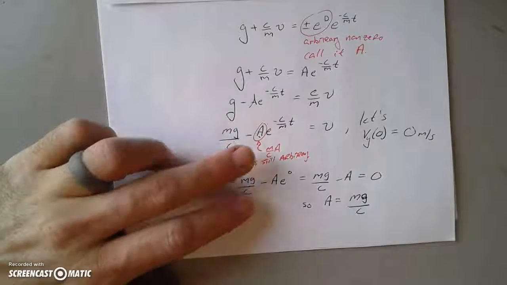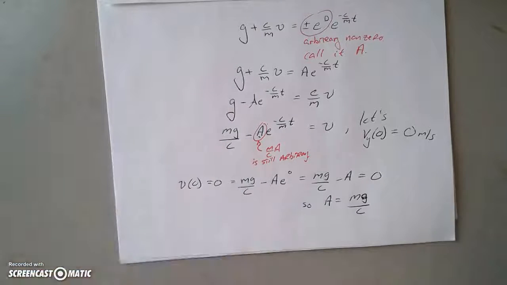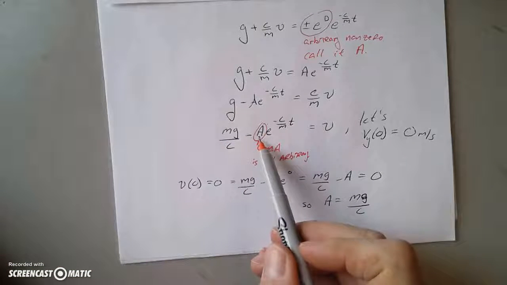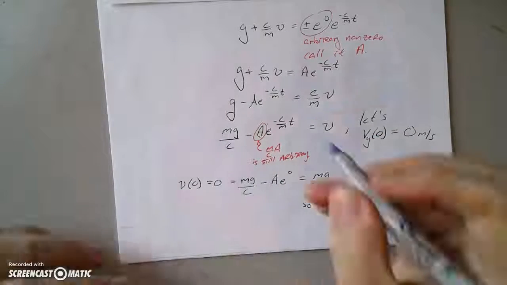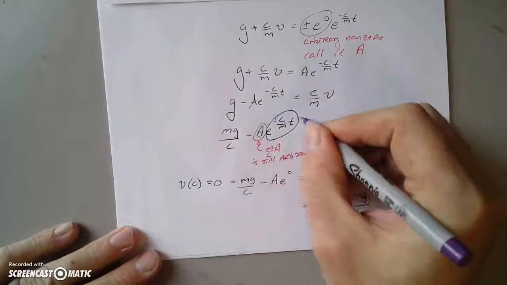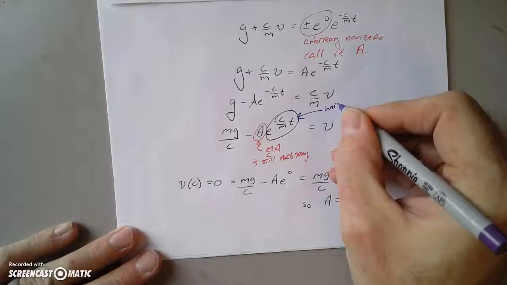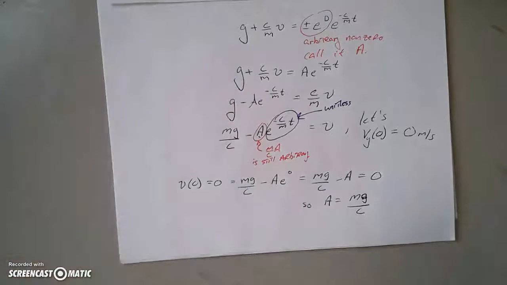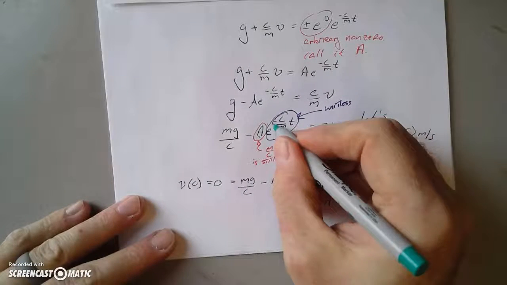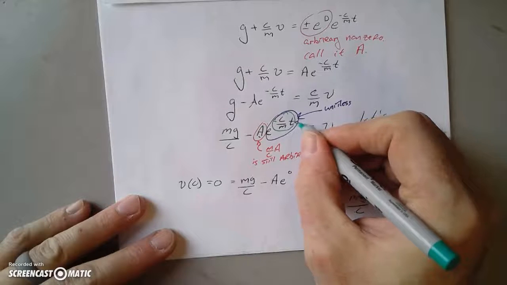Also note that you could figure this out a little bit ahead of time. A has to have the same units as mg over c, because this is unitless. The exponential is not unitless. That is, well, actually, this is also unitless.